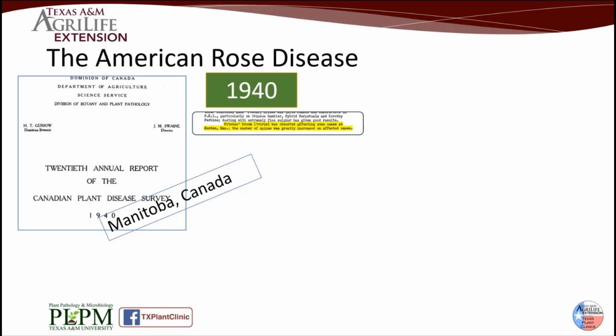We all read about this disease being attributed to a report back in the 1940s, basically a find in Manitoba, Canada. I actually went to look for the darn paper of the report, and all I found was one sentence that's highlighted in yellow. And that was what it was attributed to.